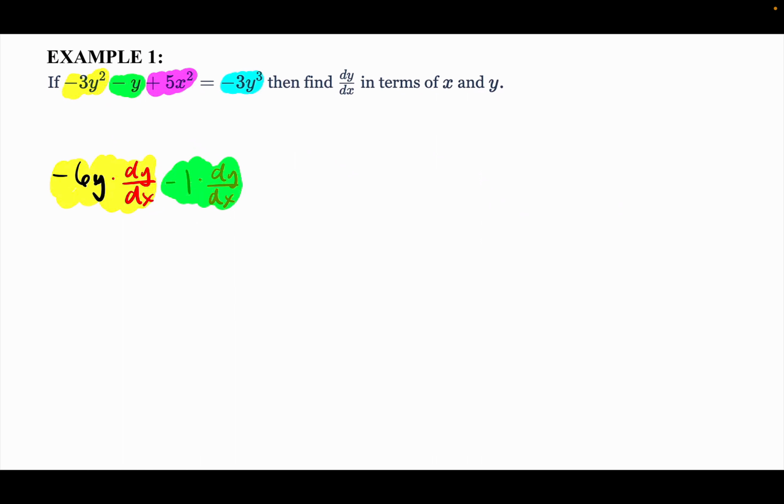And then it needs a tag because I found the derivative of something other than x. Okay, let's do the pink one. What's the derivative of the pink? Plus 10x. Does this one need a tag? No, because I'm finding the derivative of x. x's are okay. They don't need the tags because the tag would be dx divided by dx, which is just positive 1.